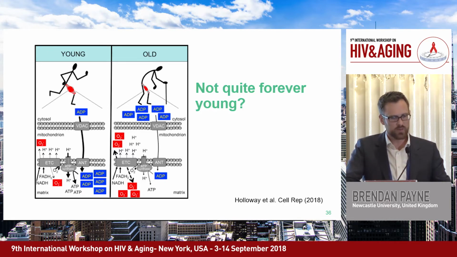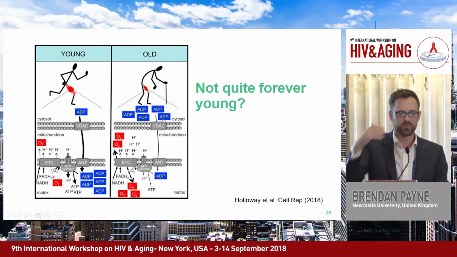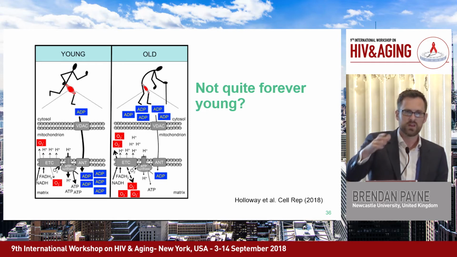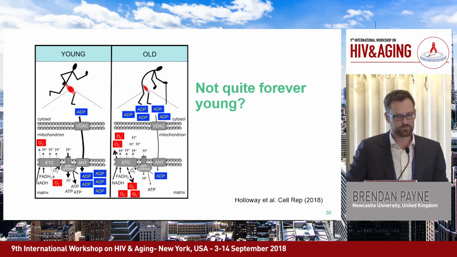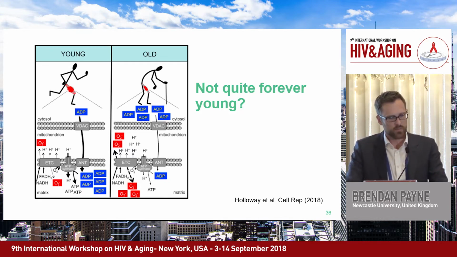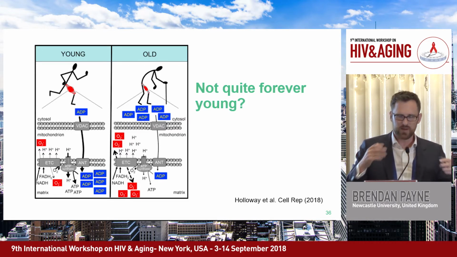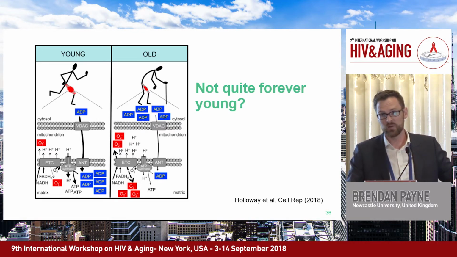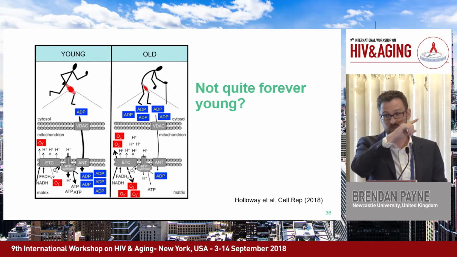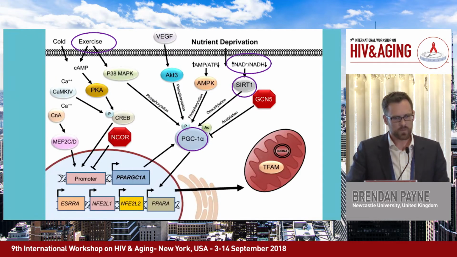And then in parallel with this, they got a hugely increased amount of ROS production for the same degree of exercise challenge. And this imbalance of ADP and ATP is potentially interesting because that comes back to, well, that's a parallel, an analog of what we were measuring on that MRS study I showed you several slides ago.